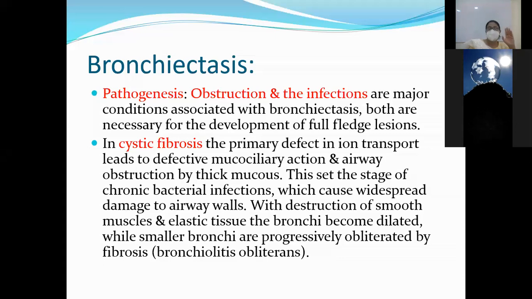This sets the stage for chronic bacterial infection, which causes widespread damage to the airway wall, with destruction of smooth muscle and elastic tissue. The bronchi become dilated, while smaller bronchi are progressively obliterated by fibrosis.